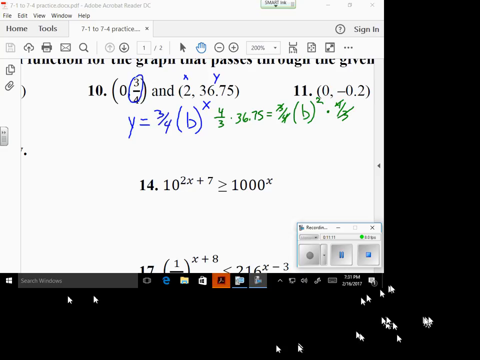In the calculator, we'll type 4 divided by 3 times 36.75. That comes out to 49, which will be equal to b squared. So we'll take the square root of both sides. B would be 7. So that means our equation is y equals 3/4 times 7 to the x power.